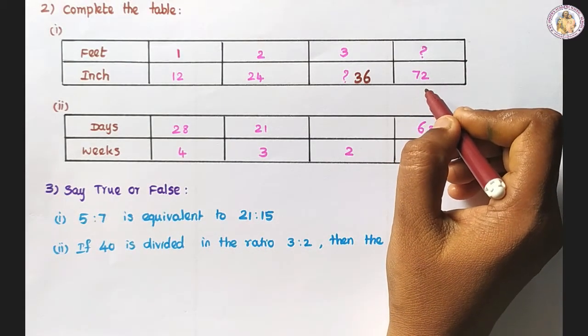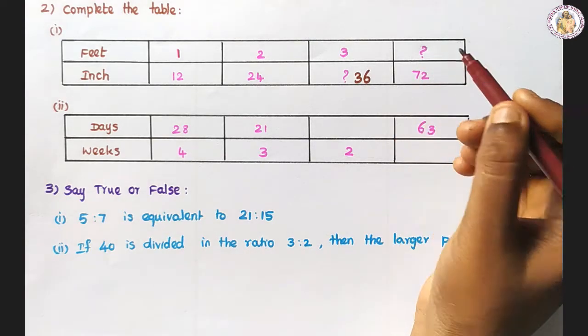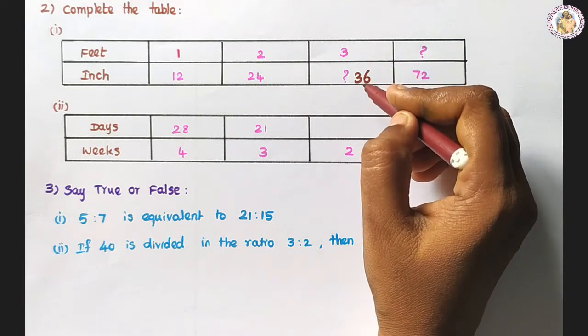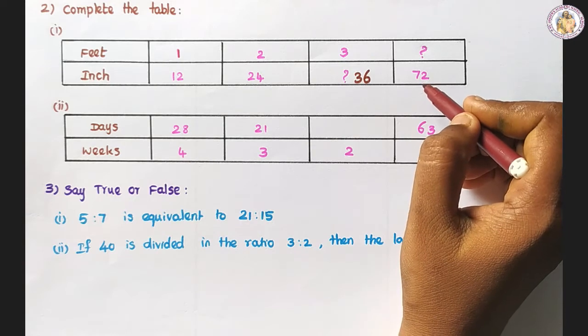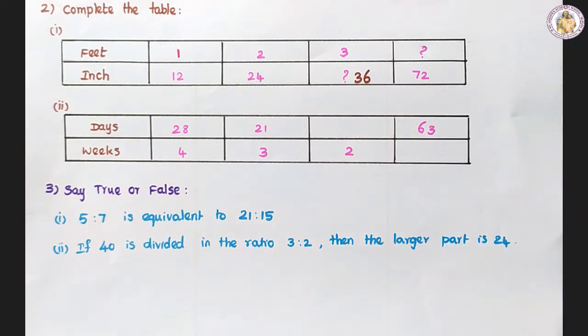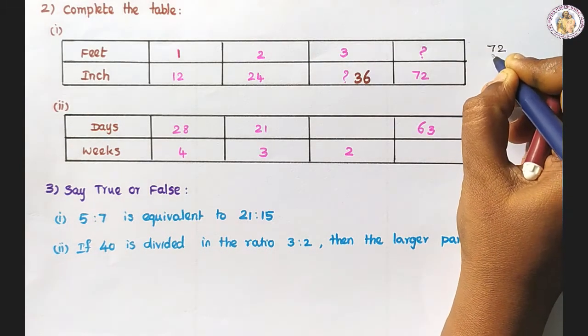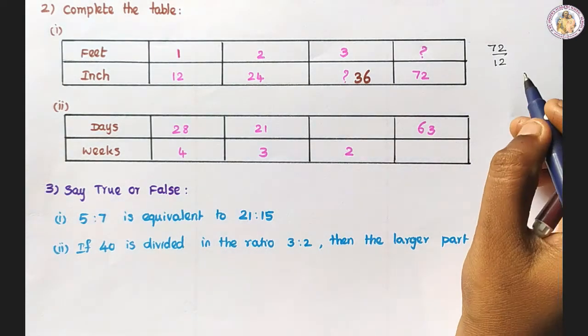72 inches here. How will you find out the feet? 3 feet means 36. We have to multiply with 12. Here they have given the inches. So 72 divided by 12. That way we get the feet. What's that?